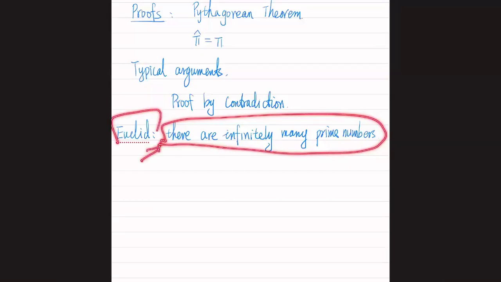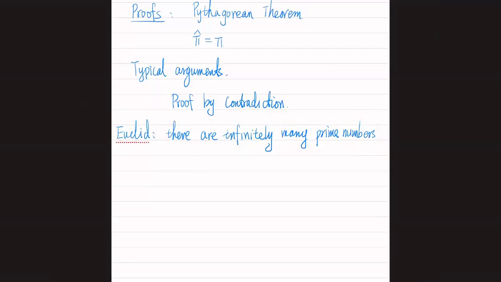So what he tries to figure out is, suppose they are the contrary. If there are only finitely many, then we get a contradiction.